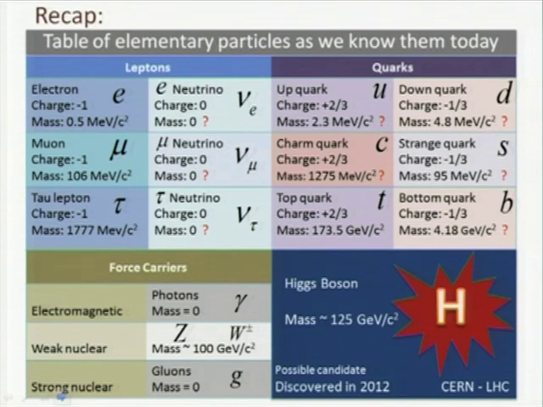There are 8 different types of gluons, and they are massless. And then we also further discussed the need of an additional elementary particle called the Higgs boson within the standard model of particle physics.